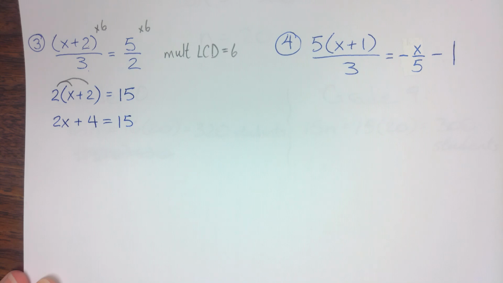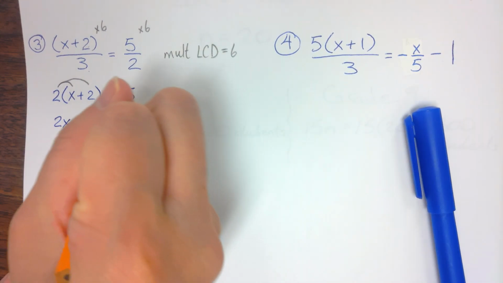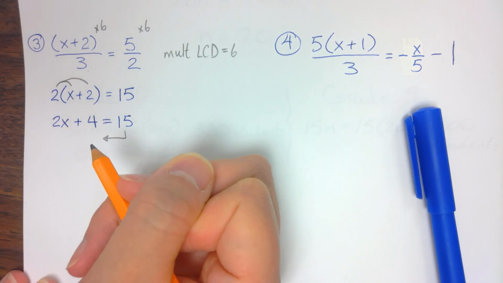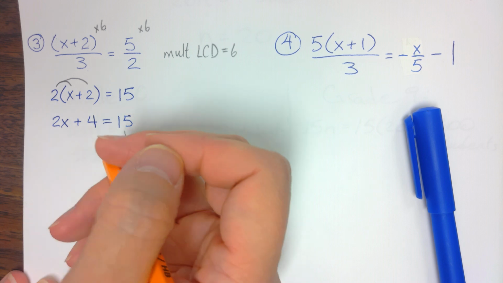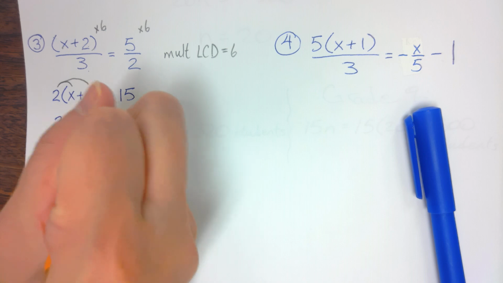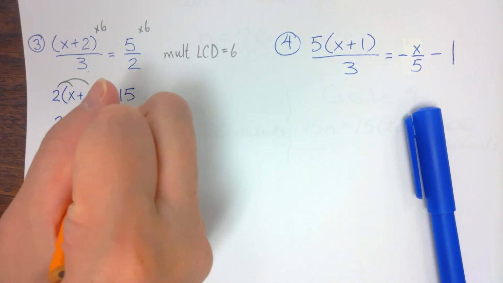Okay. And then we do the inverse operation. Inverse of plus 4 is? Yep. 15 minus 4, which is 11.